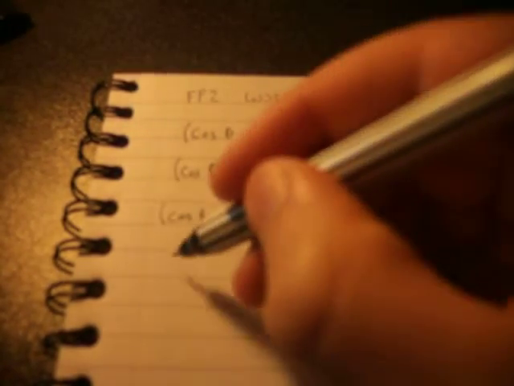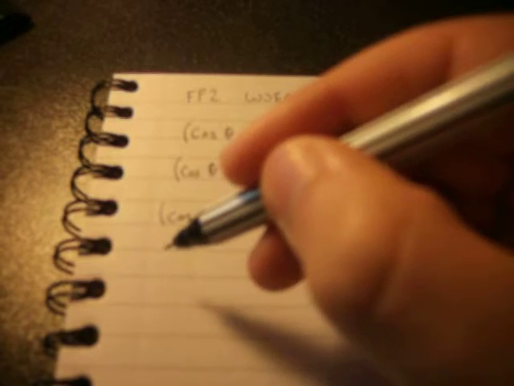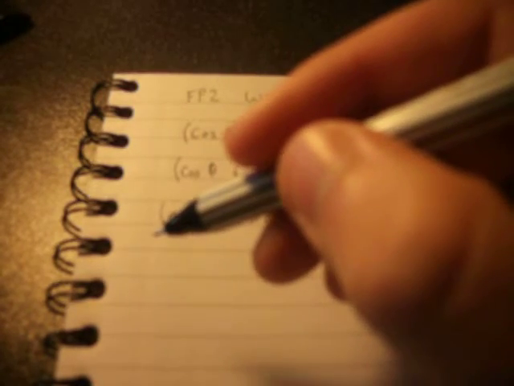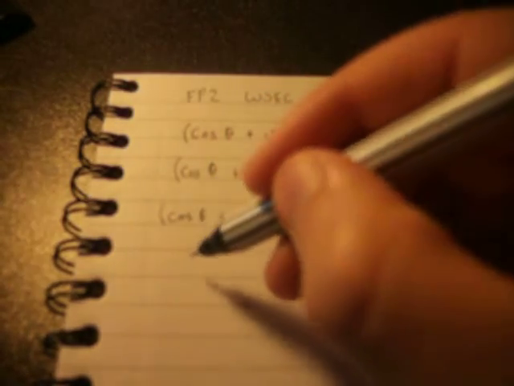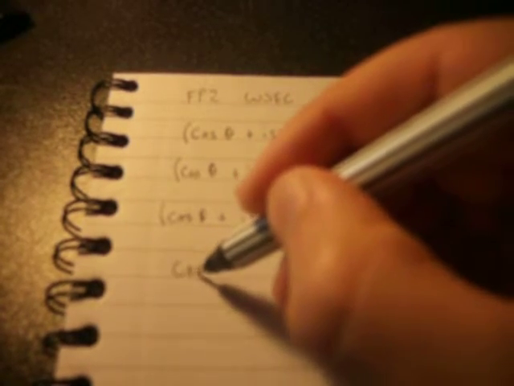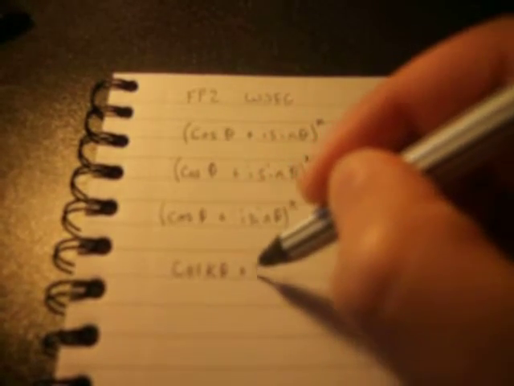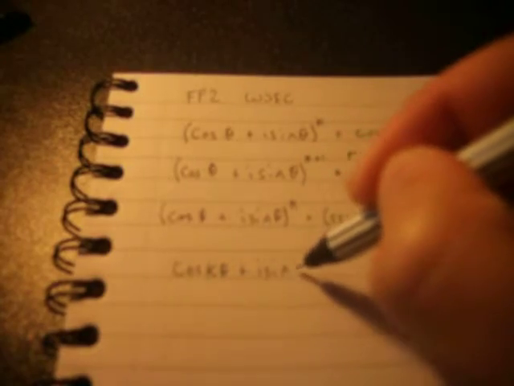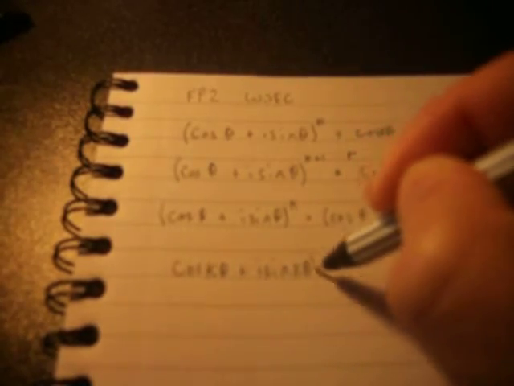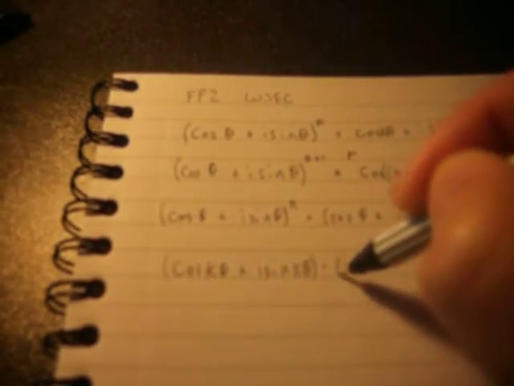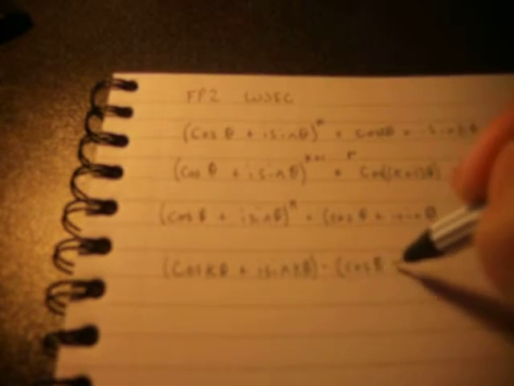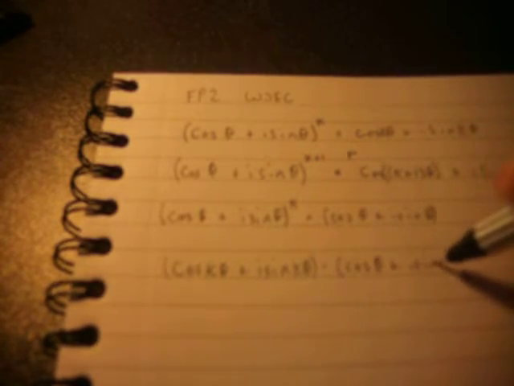It'll obviously make the proof a lot easier for us, and this is the general trick that you do with all proof by induction at some point. So here we have (cos k theta plus i sine k theta) multiplied by (cos theta plus i sine theta).